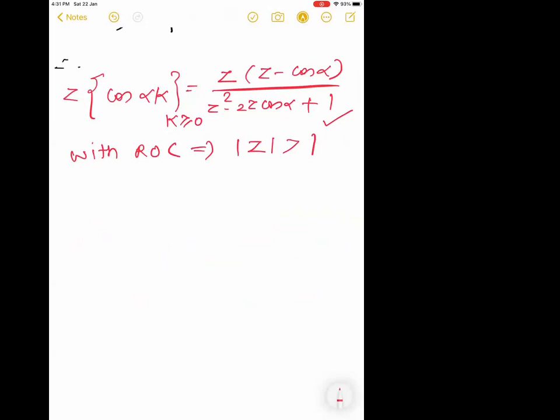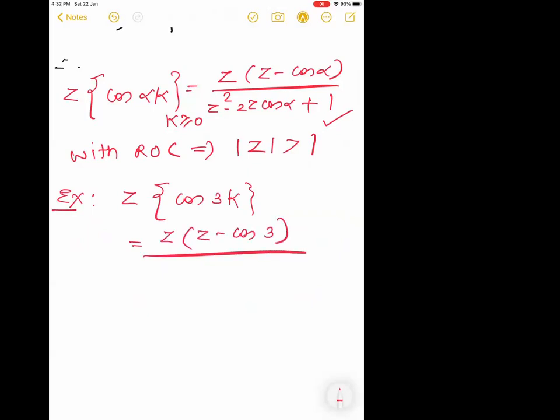So in general, suppose the example is: suppose the z transform of cos of 3k is asked. Then we will write down alpha is equal to 3. That's it. So z into z minus cos 3 upon z square minus 2z cos 3 plus 1 for mod z greater than 1.